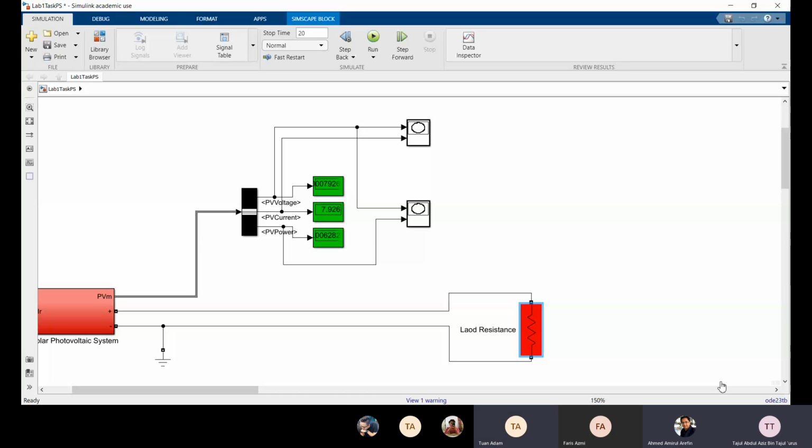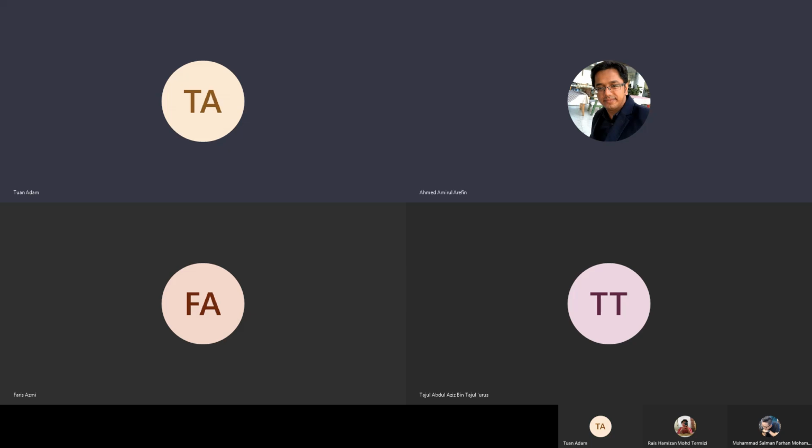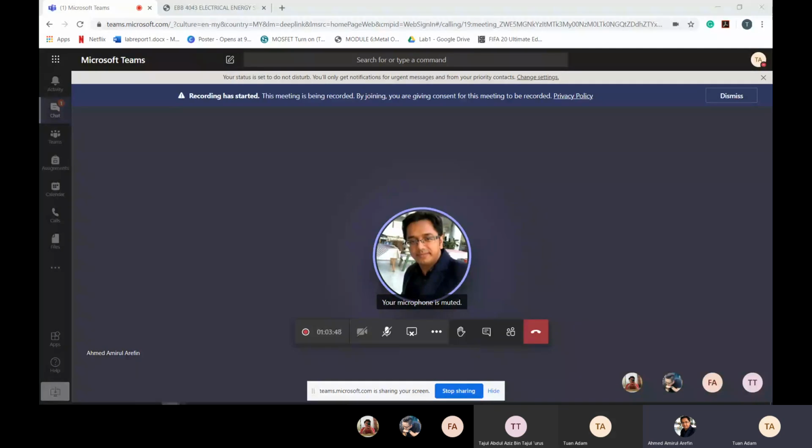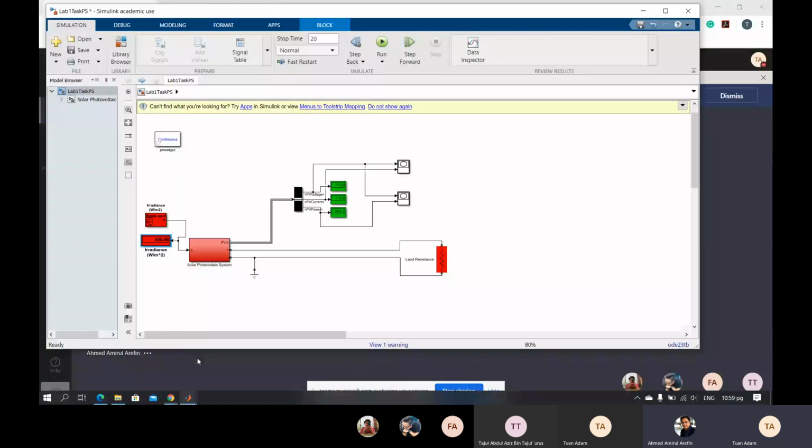Mr. Zamri, you can share your screen and show us the open circuit voltage. Okay, sir. Can you see the Matlab? Yes.